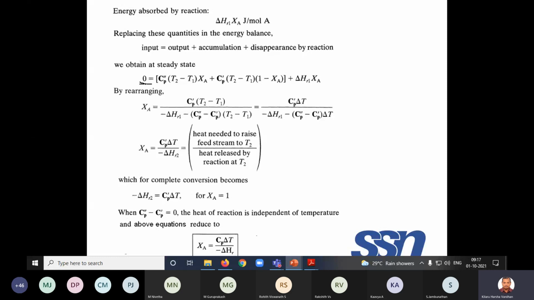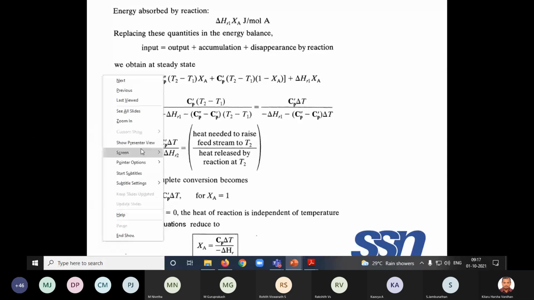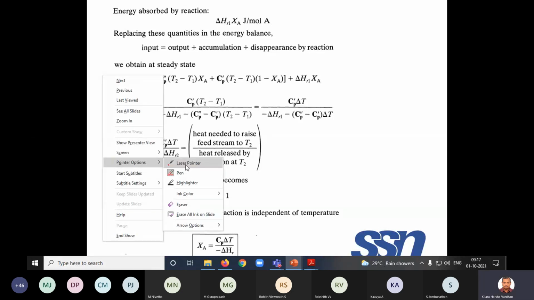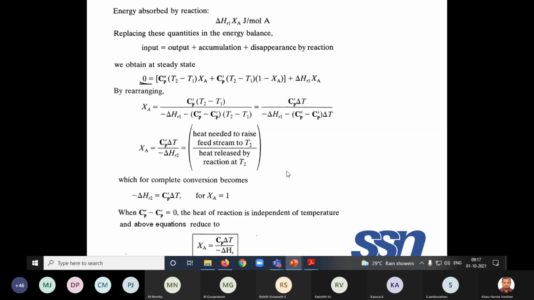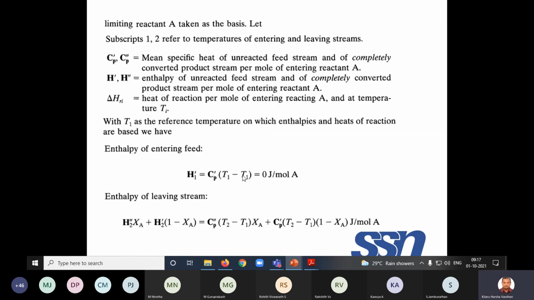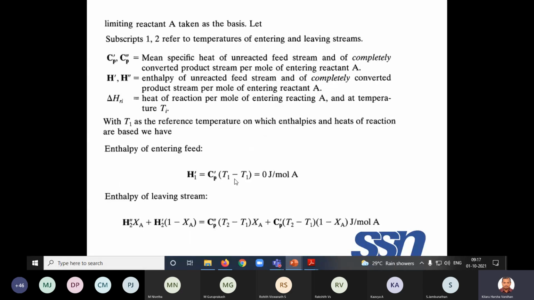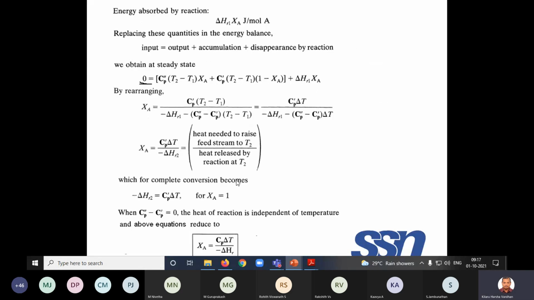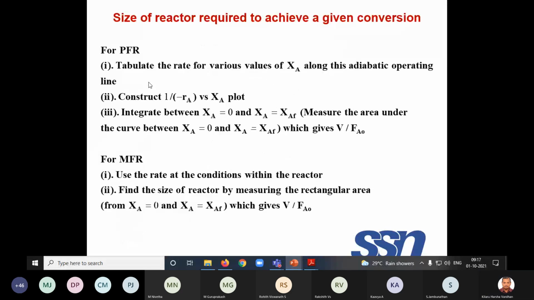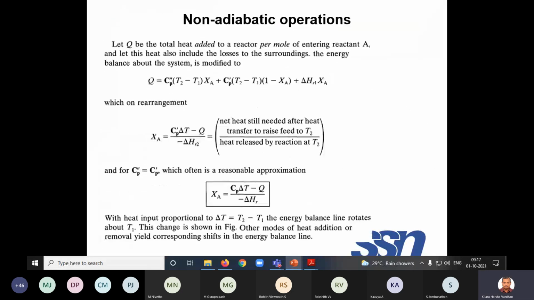Here you are putting 0 here, because the initial enthalpy is 0, as you are not increasing or decreasing the temperature. Therefore, in non-adiabatic, this term Q will come into the picture.